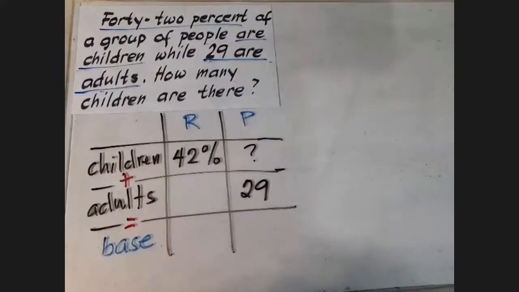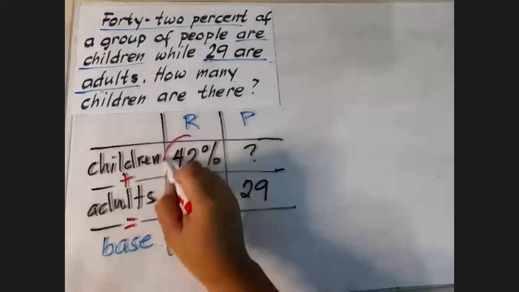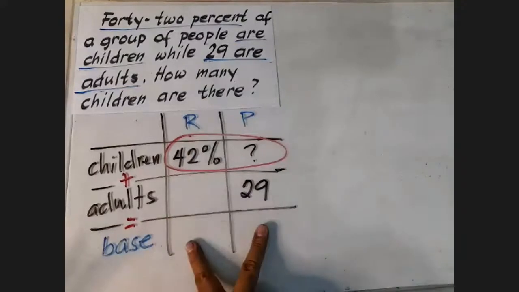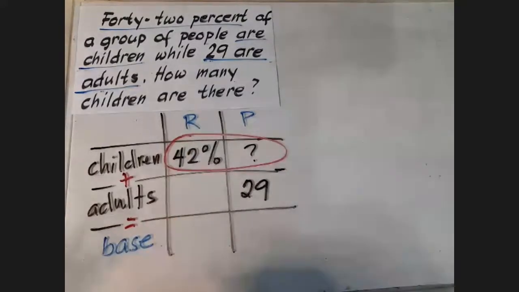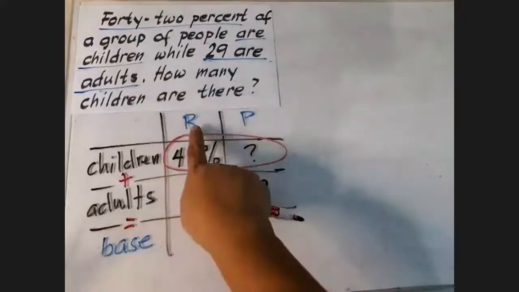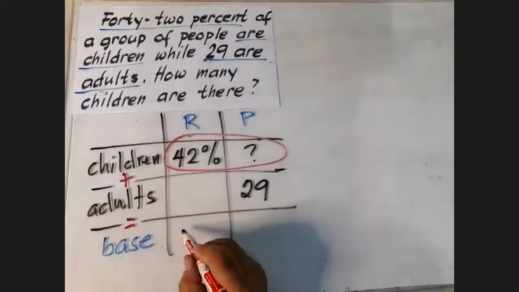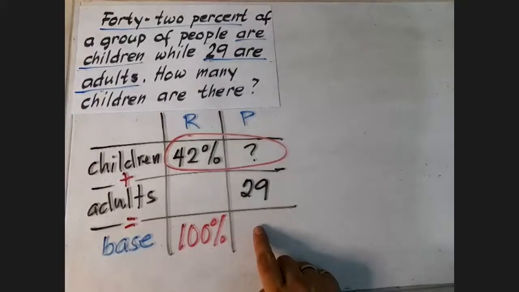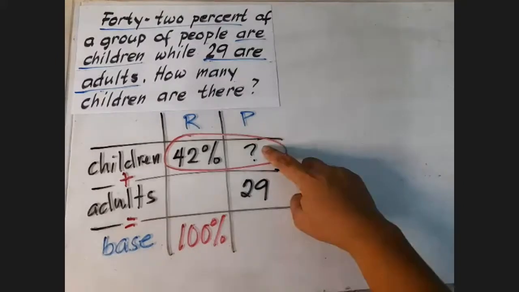So, yung sa component ng children natin, kumpleto. Nandoon yung ask. Kaso kailangan natin yung base. So, anong ilalaman uli natin dito? Okay, kagaya nung nauna ng problem number 5, yung base natin, ang rate niya is always 100%. Okay? That's always 100%. Kaso, hindi natin alam kung ilan talaga yung total number ng mga group of people. Okay? Since we are looking for the number of children. Okay? So, medyo mahihirapan tayo.